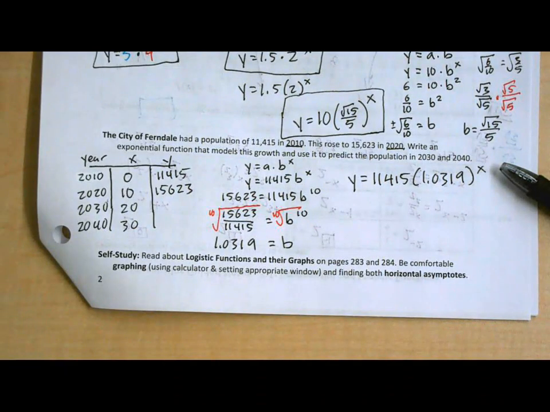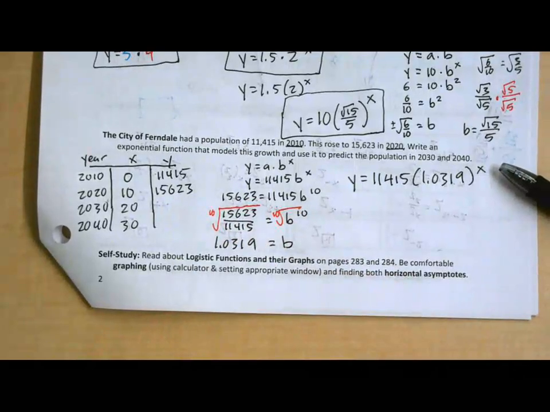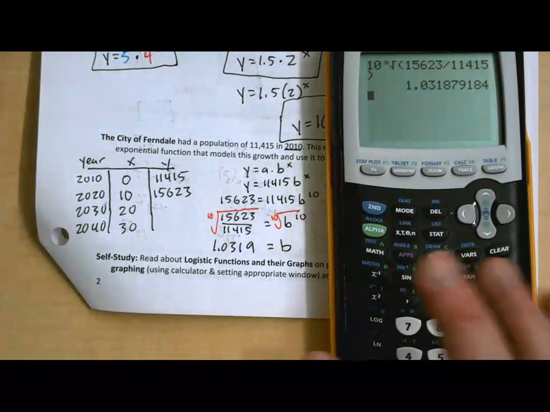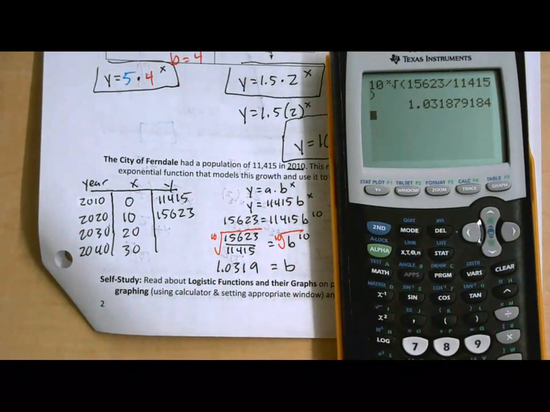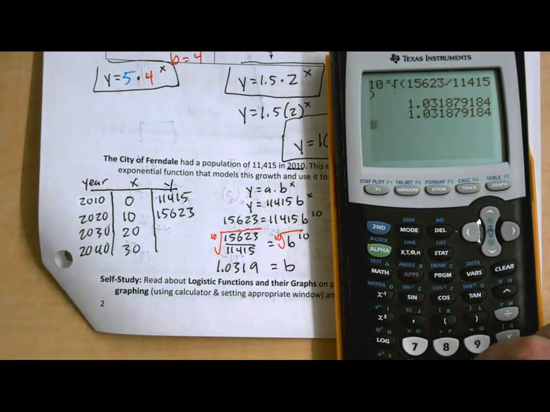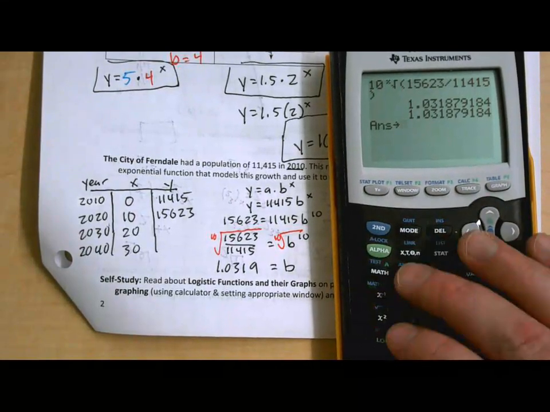Okay, now we're going to actually type these in. I want to show you guys something awesome on these calculators. Actually, we've seen this already. Do you still have that number on your screen? You didn't clear it out yet, did you? If you did clear it out, you can just hit enter again and it'll come back. I want you to take that number and stow it. I'm going to stow mine into the variable b.